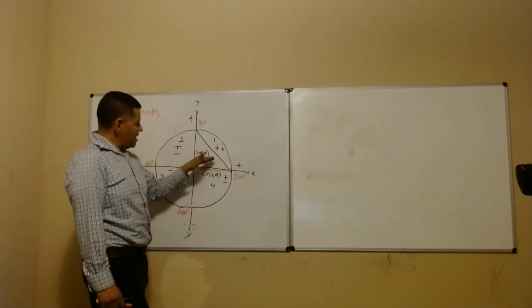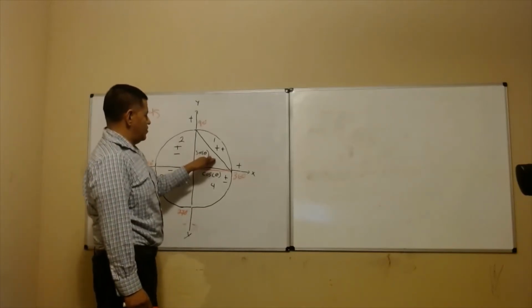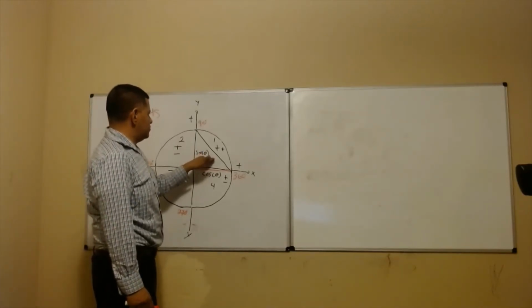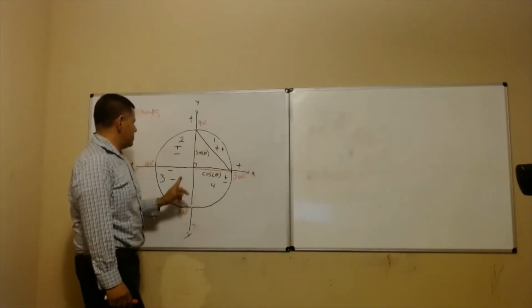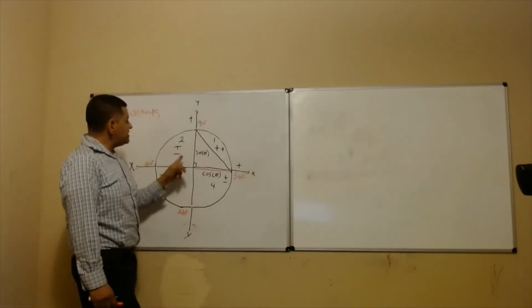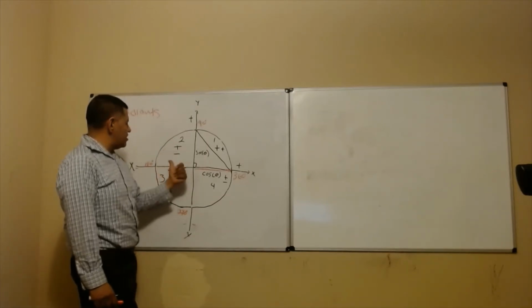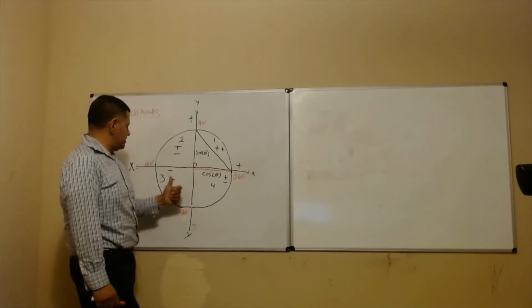Why? Because you know that sine over cosine is equal to tangent. No problem. Here, what's going to happen? Tangent is negative, because it's a negative and a positive.